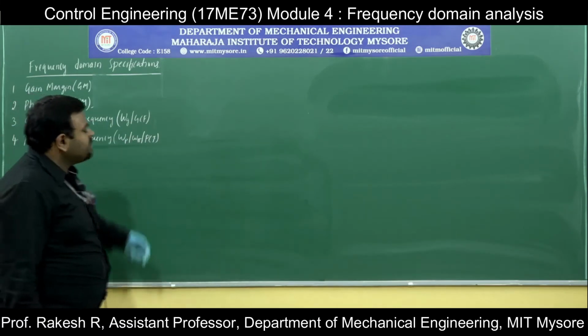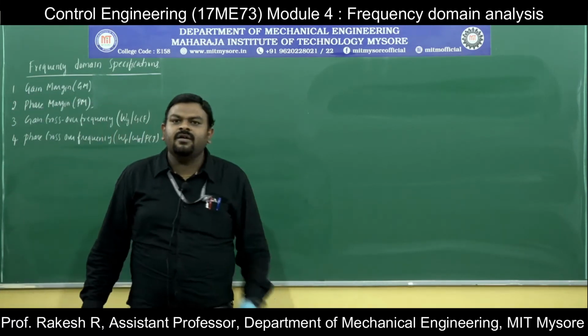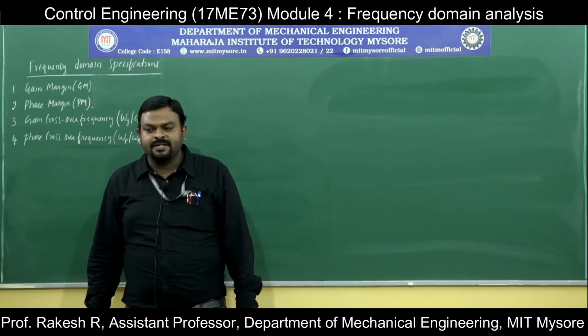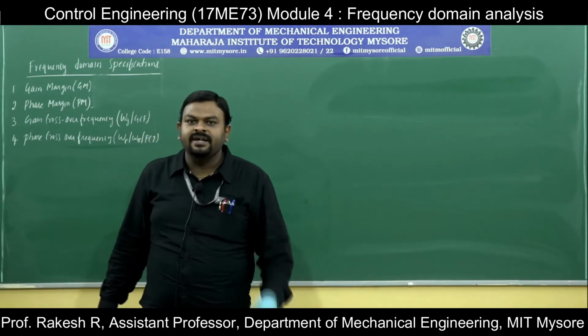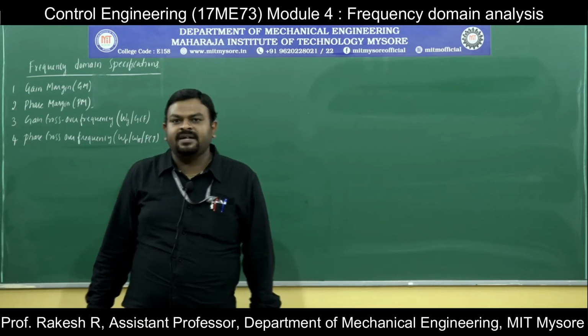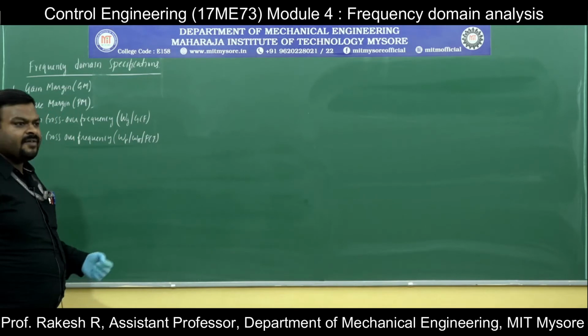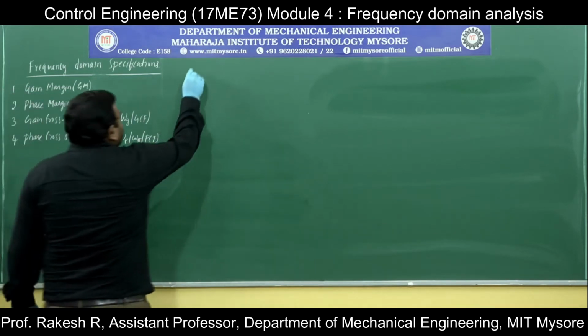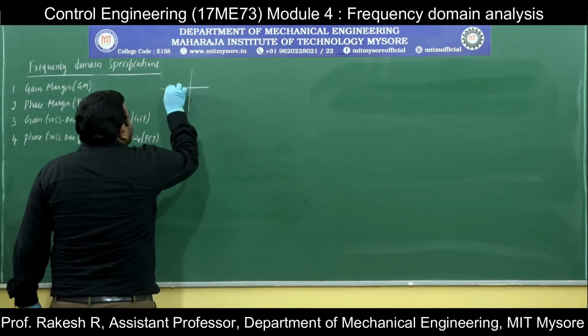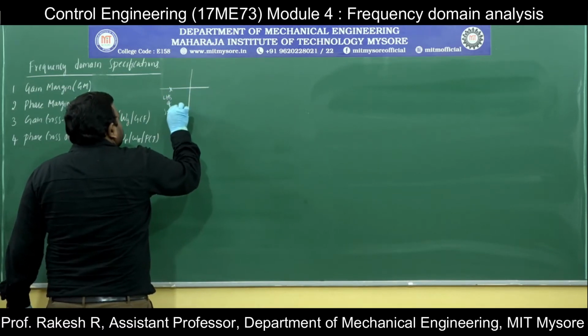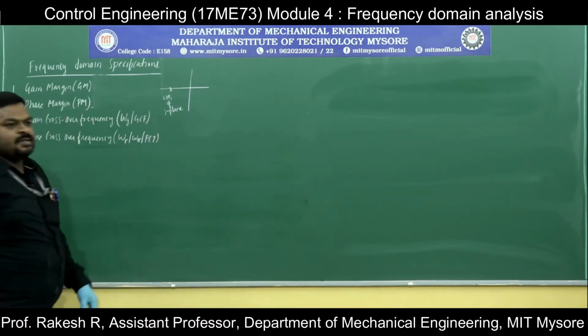And all these things are a measure of relative stability. In control engineering, there are two aspects. One is absolute stability and another one is relative stability. Absolute stability is obtained whenever the location of poles is on the left hand side of the S plane.